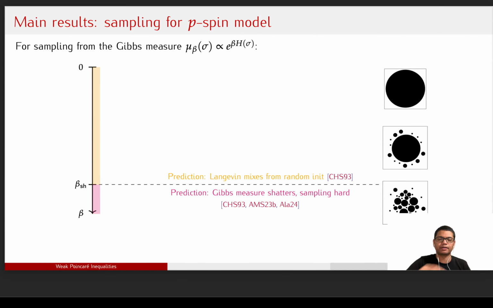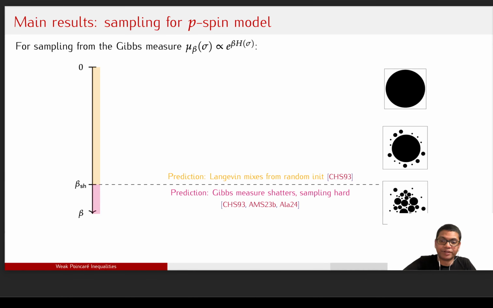Okay, so this model was actually first studied in the context of physics, and in particular, in a paper of Crisanti, Horner, and Sommers, they predicted using non-rigorous techniques that there is a threshold value for beta, denoted beta SH here, known as the shattering threshold, below which Langevin diffusion initialized uniformly at random on the sphere should indeed mix to the Gibbs measure.